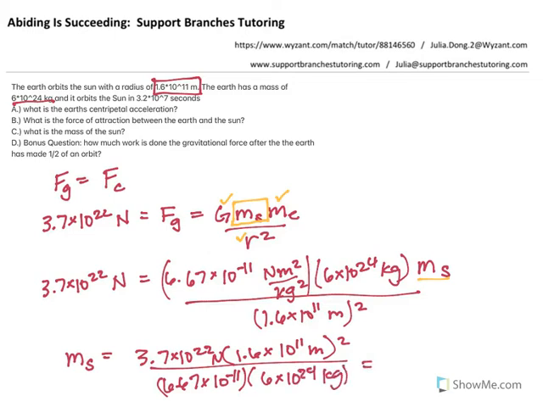Okay, so let's go ahead and solve this. We have 3.7 times 10 to the 22 times 1.6 times 10 to the 11, and then we need to square that, divided by, and watch your parentheses around this bottom, G times 6 times 10 to the 24.